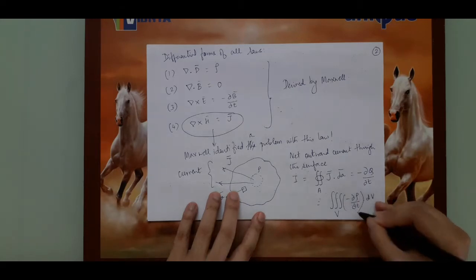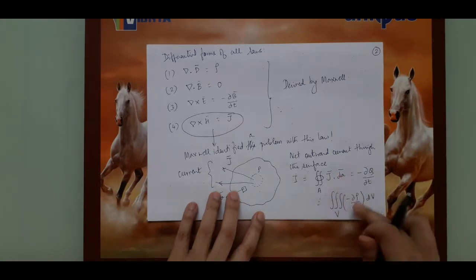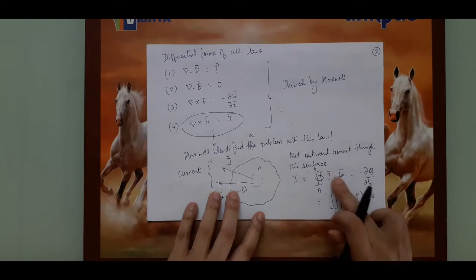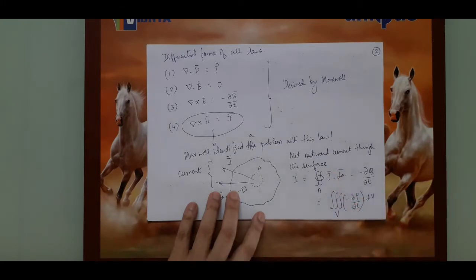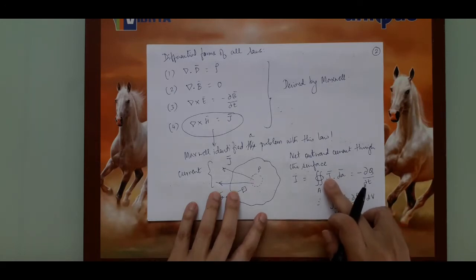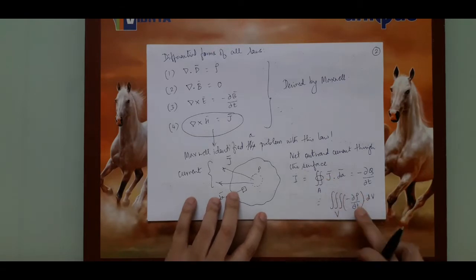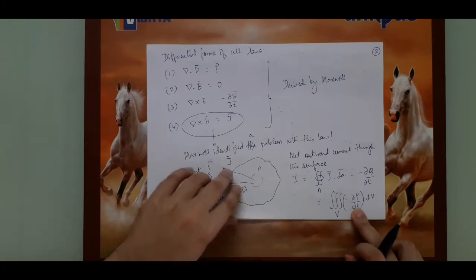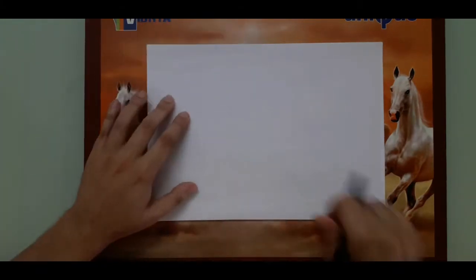So now again I am correlating an area integral with a volume integral. So therefore we can use the divergence theorem and say that the divergence of the current density vector should be equal to the rate of decrease in charge density. So let's rewrite what we saw.